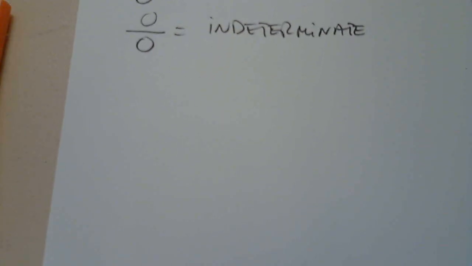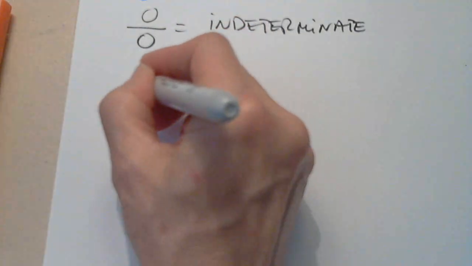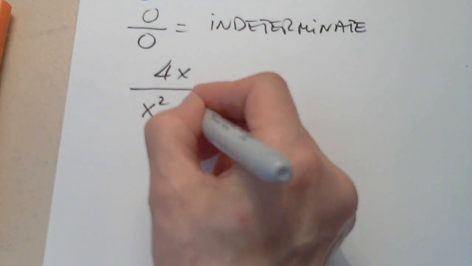Okay, so let's suppose we have 4x divided by x squared minus 9.